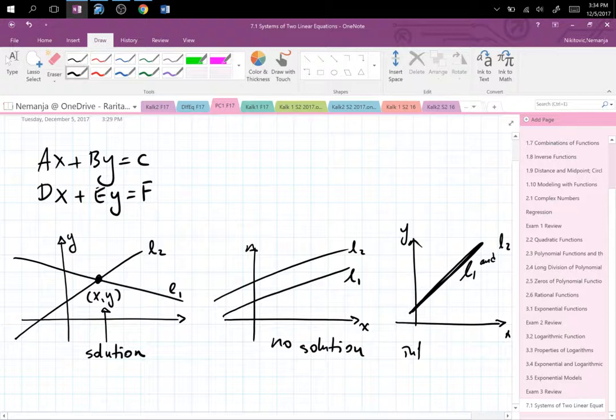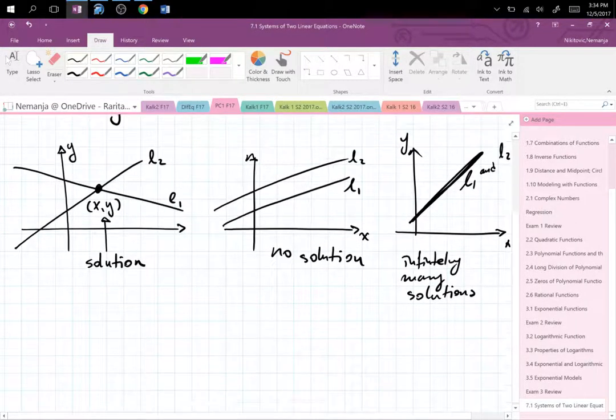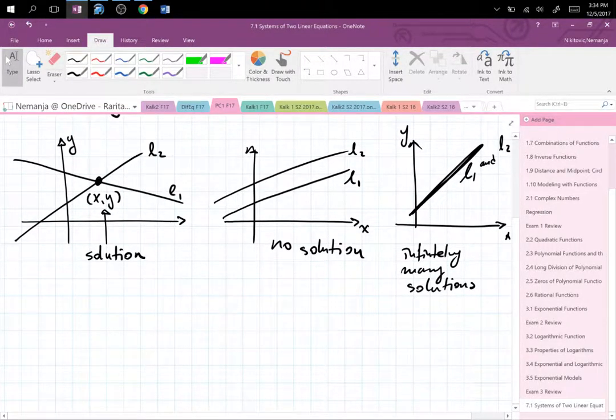So infinitely many solutions. So these are the situations that we have. Now, for all the cases we can use algebra, obviously.